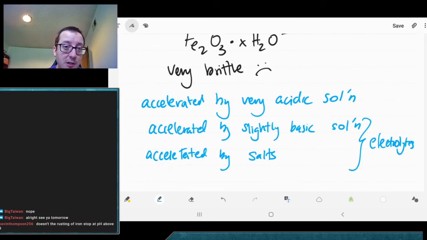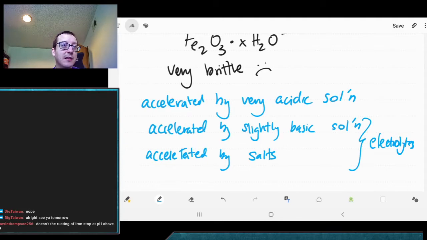So if you go near the ocean, or to a place that has snow in the winter and people put calcium chloride on the roads to melt the ice, having the presence of those ions contributes to rusting much more quickly. Things can be conducted a little bit more efficiently, so you end up getting your rust faster there.